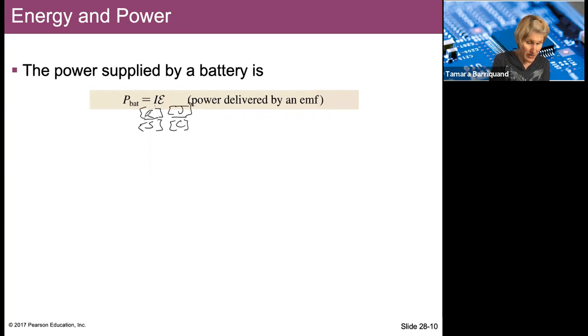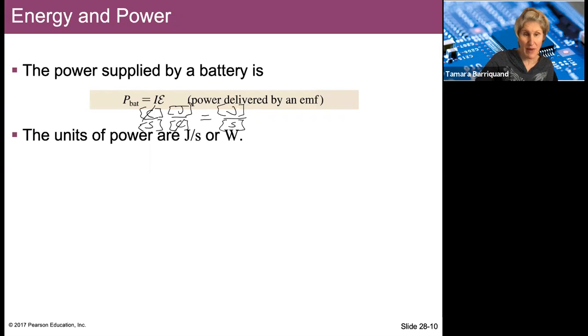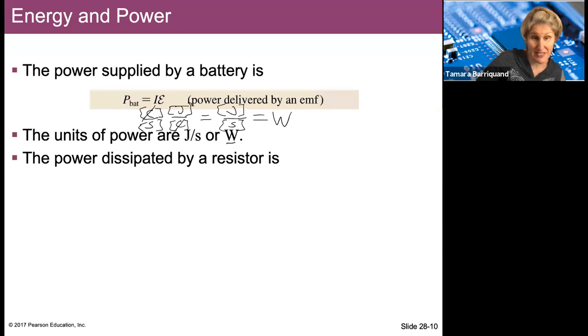So we can cancel out the coulombs, and we see that the units for power are joules per second, and that is equal to a watt. Now let's think about the power dissipated by the resistor.